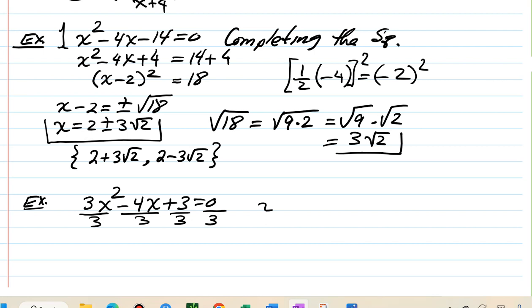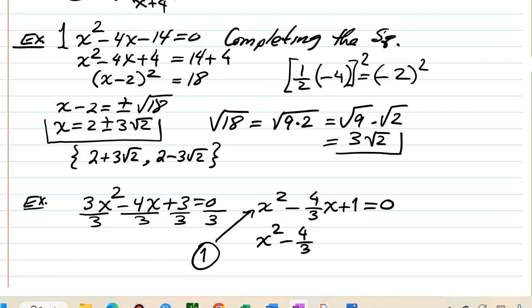And this equation becomes x squared minus 4/3 x plus 1 equals 0, since 0 divided by any non-zero number is 0. And now we've got this important coefficient of 1 in front of x squared. Now, what do we need to do next? Just like we did in the one above, we don't want the number in that spot, 1, on that side.